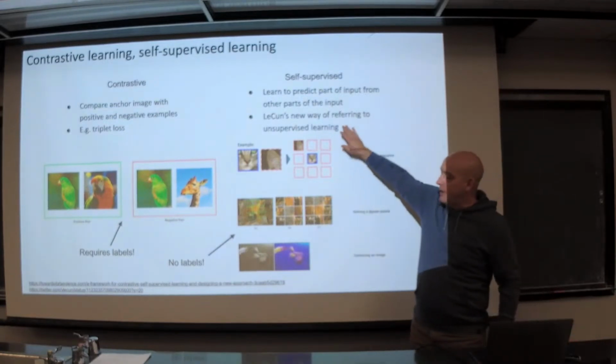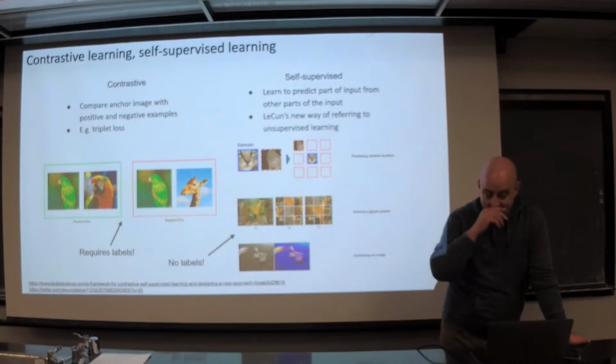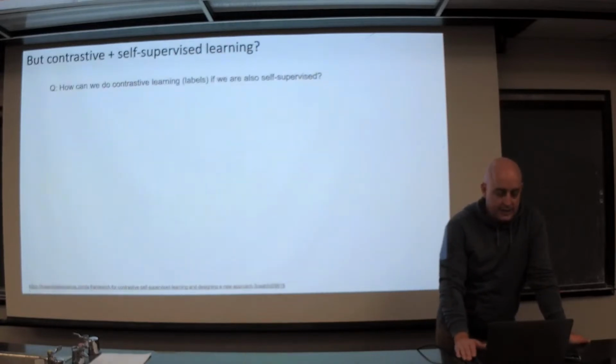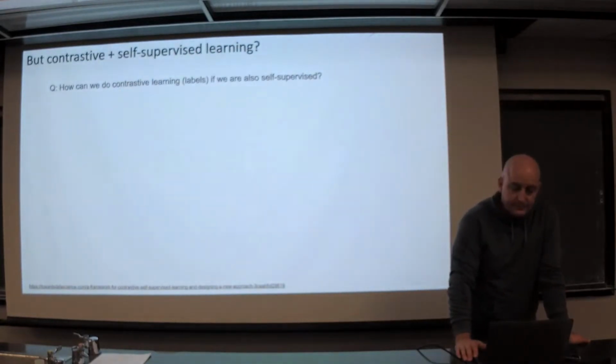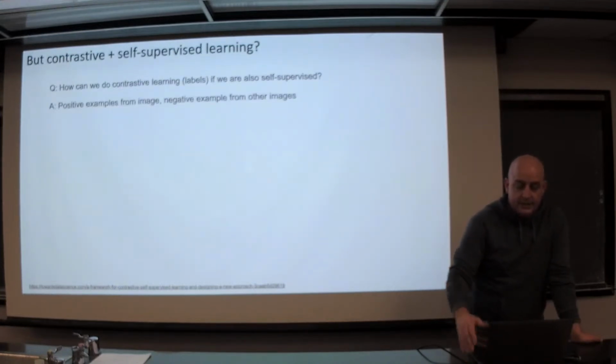Then the group at Facebook AI, or whatever they call themselves now, Meta AI, started to do a lot of really interesting work and produced a lot of really interesting self-supervised learning methods that don't really look like this. They look like the following. So the question is, how do we do contrastive learning if we're also self-supervised?